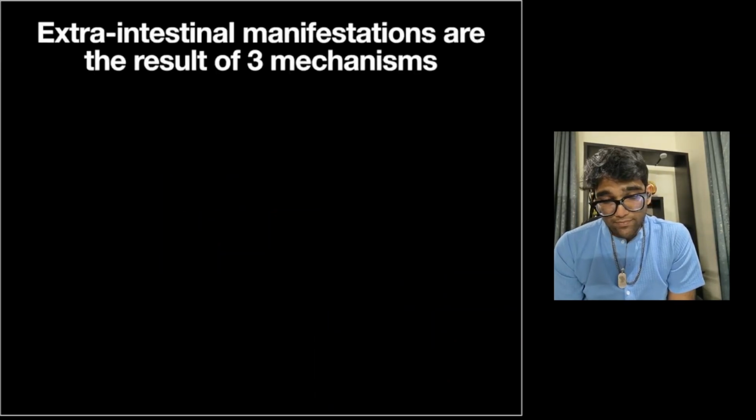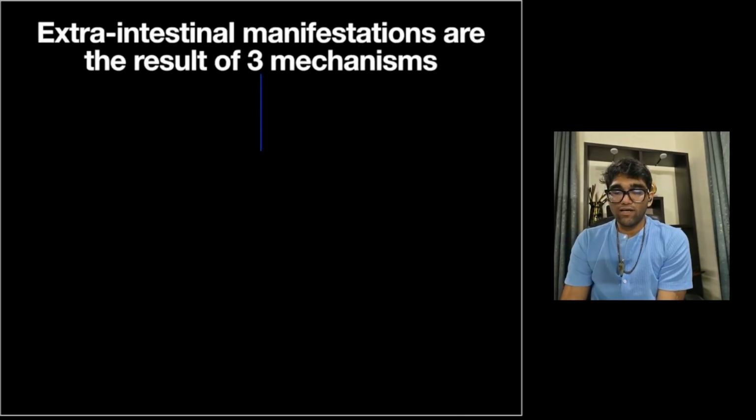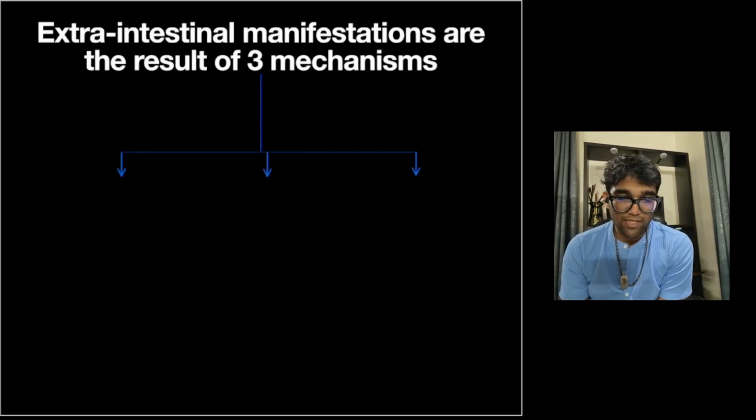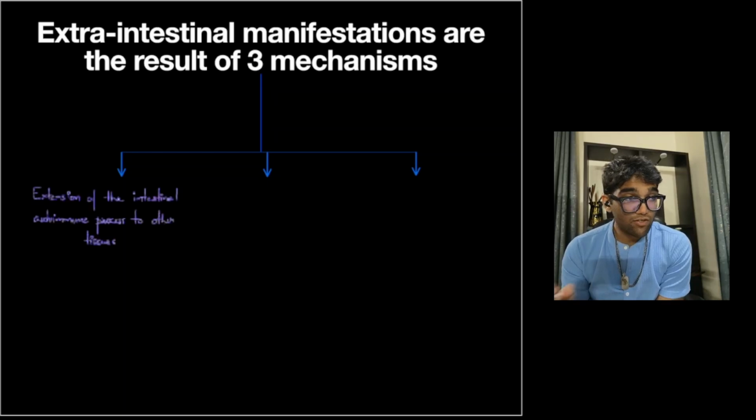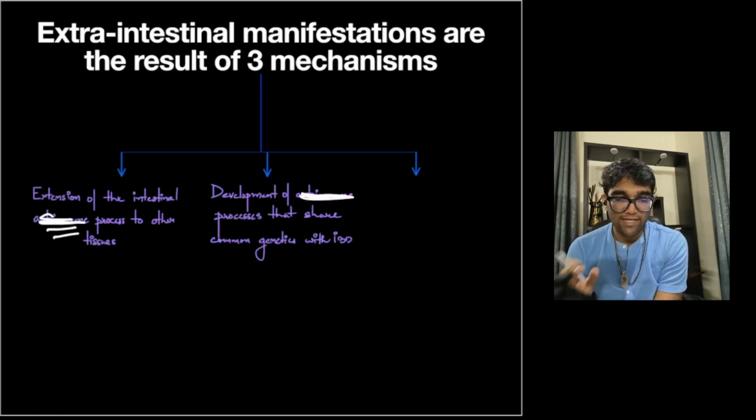Now just very briefly, the extraintestinal manifestations of inflammatory bowel disease are the result of three mechanisms. One is extension of the intestinal immune process. This is technically an autoinflammatory, not an autoimmune process. Now the second is development of an autoinflammatory process that shares common genetics with IBD.